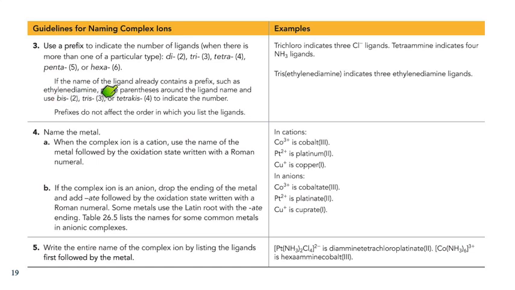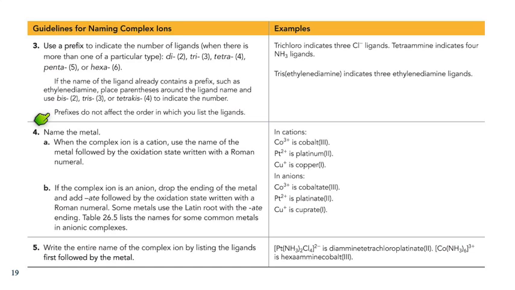If the name of the ligand already has a prefix, like ethylene diamine, it's got a prefix di in it, then you're going to put parentheses around that, and you're going to use an alternate prefix. Instead of di, you're going to use bis. For 3, it's tris, and 4 is tetrakis.